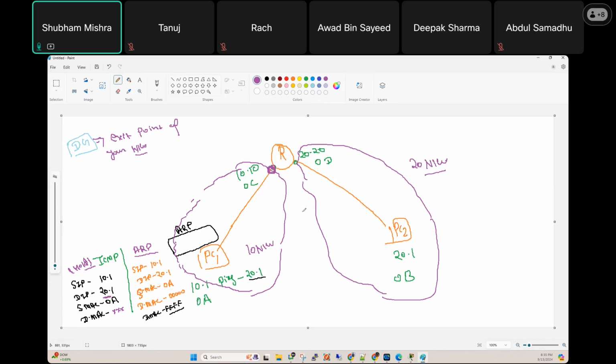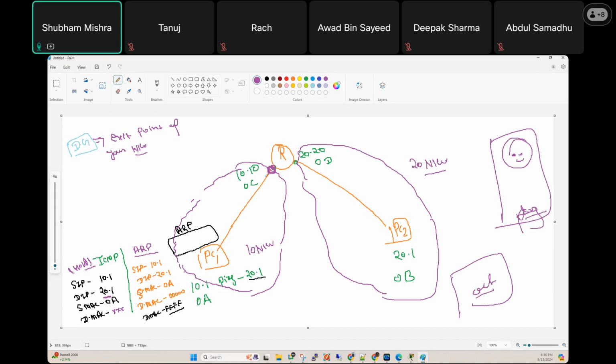first of all, PC number 1 must exit from its network. Yes or no? Let's suppose right now I am living in my home, and I want to go outside. First of all, I need to exit from my door. Yes or no? Similarly, PC number 1 wants to exit from its 10 network.